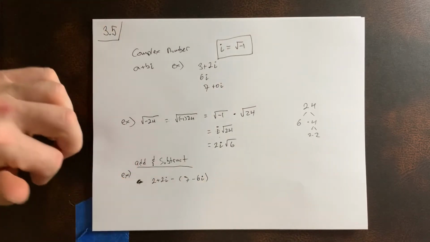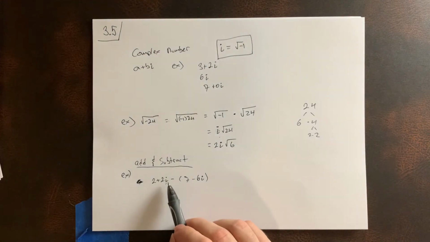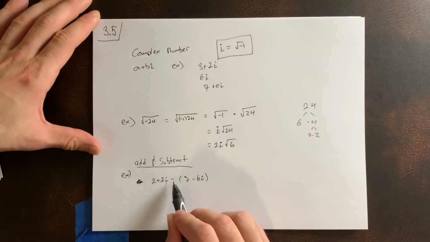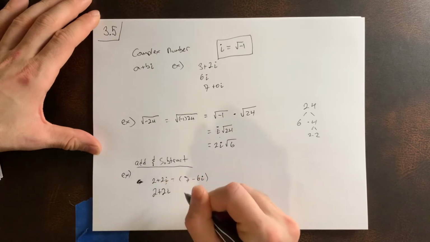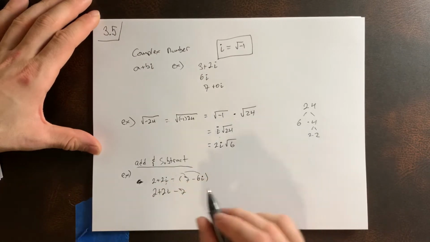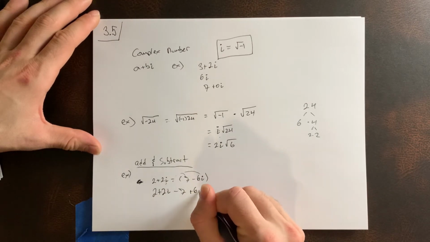When we're adding and subtracting complex numbers, we can pretend this i isn't anything special. It's just like an x, so we combine all like terms. First we distribute the minus sign: the minus goes here and here, so minus 7, and then a minus 6i, so plus 6i.